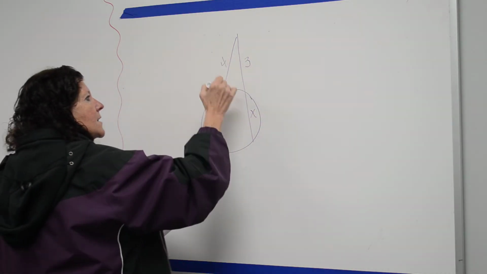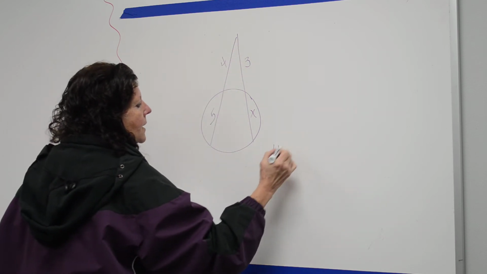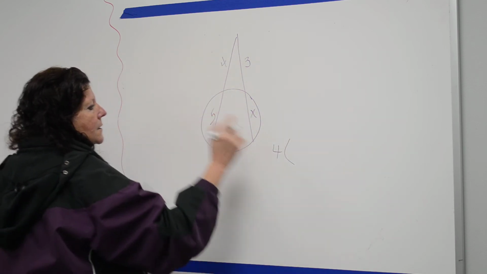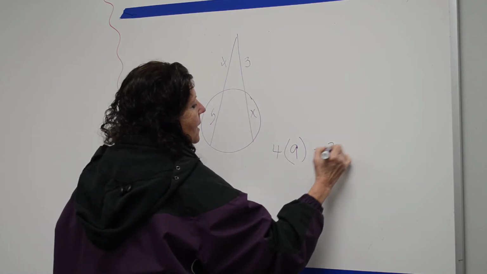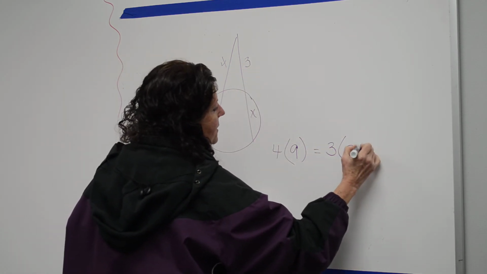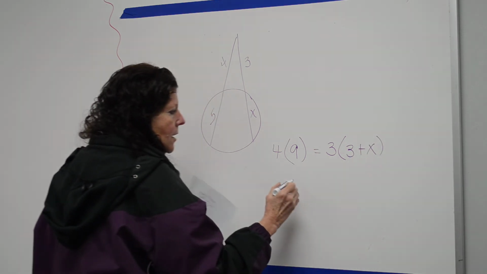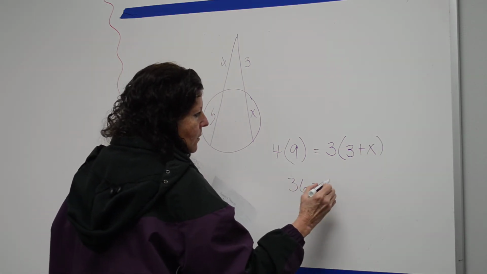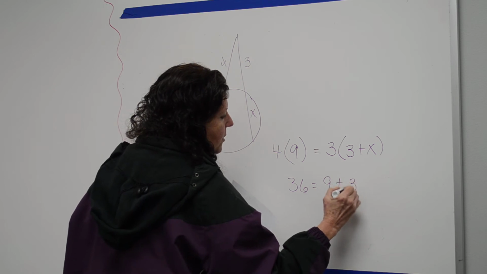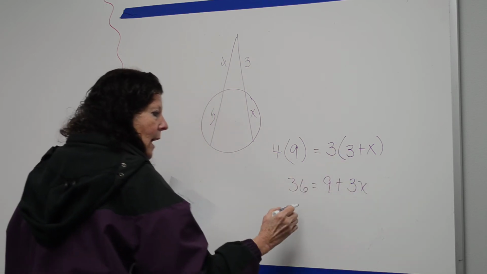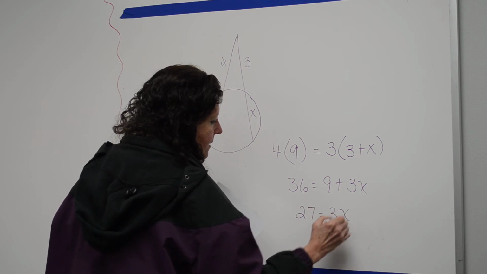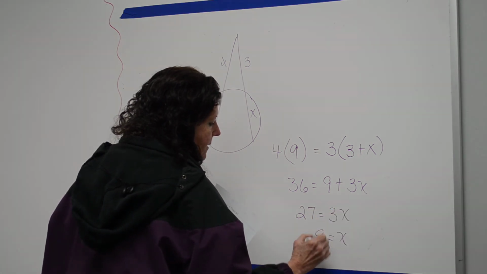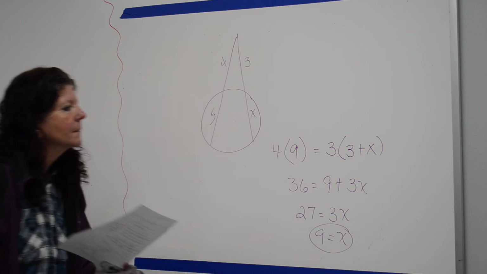Okay, it says the part on the outside times the whole thing, so times 9 is equal to the part on the outside times the whole thing, so this would be 3 plus x. So I've got 36 is equal to 9 plus 3x. I would subtract the 9, so I'll get 27 is equal to 3x. And when I divide, I get x is equal to 9.